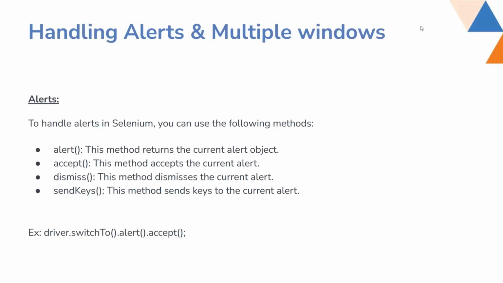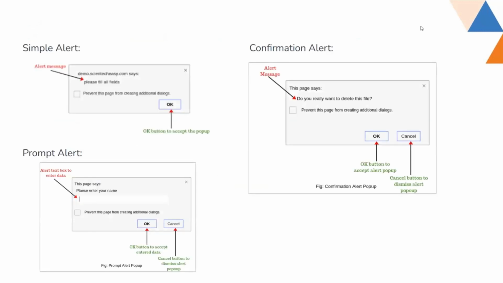So the next is handling alerts and multiple windows. Alerts in Selenium are a type of pop-up window that can be used to display information or to ask for user input. There are three types of alerts: the simple alert, the prompt alert, and the confirmation alert, as you can see on the screen.